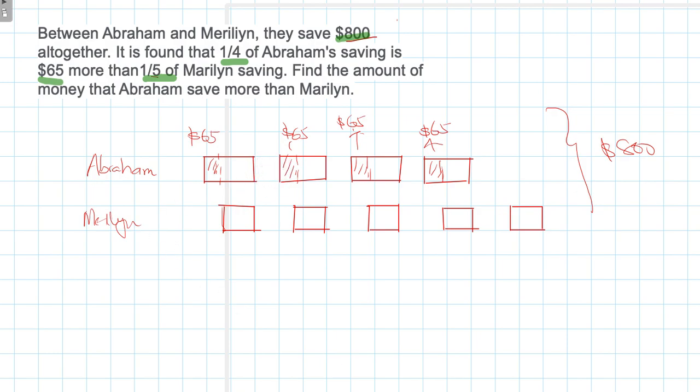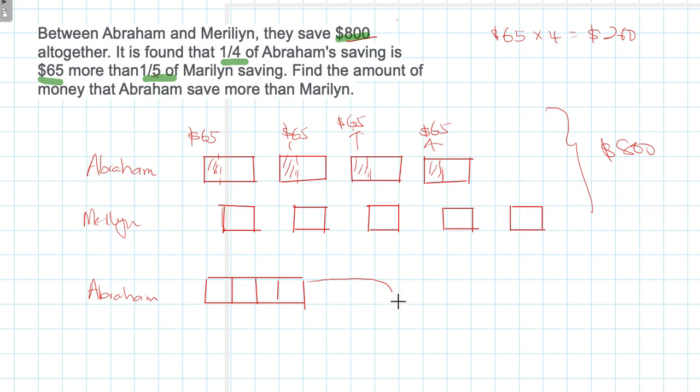What I can do is I rearrange everything. So for this, I put all the dollars together at one side. So Abraham, in this case, I'll have 4 small boxes now. And then this $65 times 4 will be equals to $260.